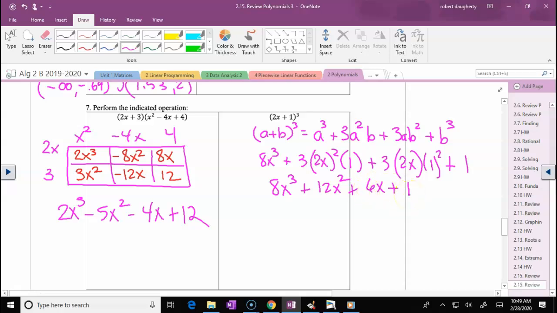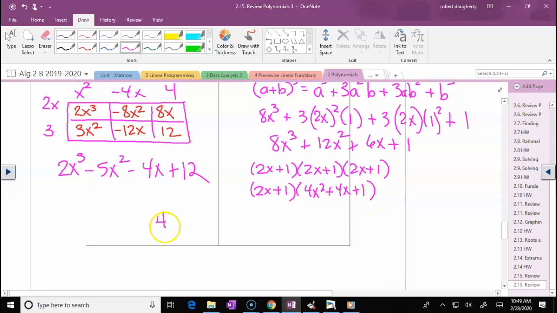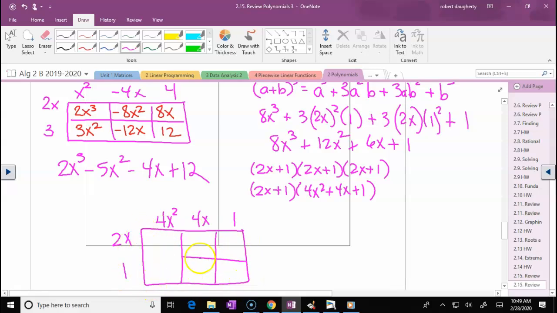Now, if you're saying I'm just not going to remember that formula, the other way to do this is 2x plus 1 times 2x plus 1 times 2x plus 1. So this is 2x plus 1 times 4x squared plus 4x plus 1. Now I just go back to what I did a moment ago, where I've got 4x squared, 4x and 1, 2x and 1, and I make a table to show me all of that.